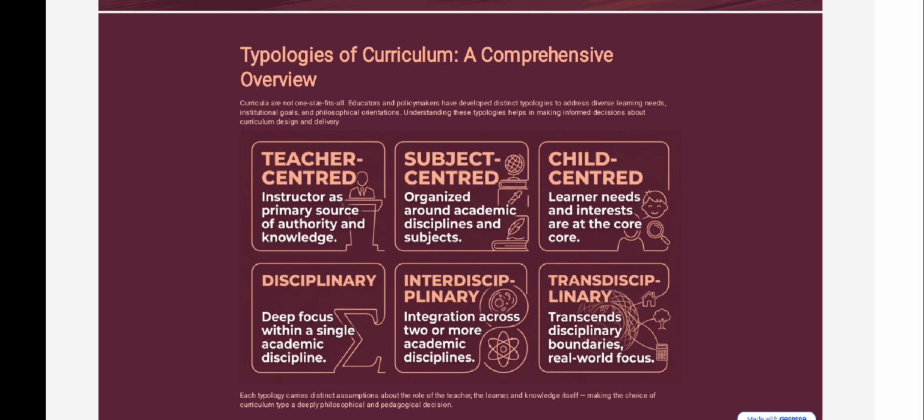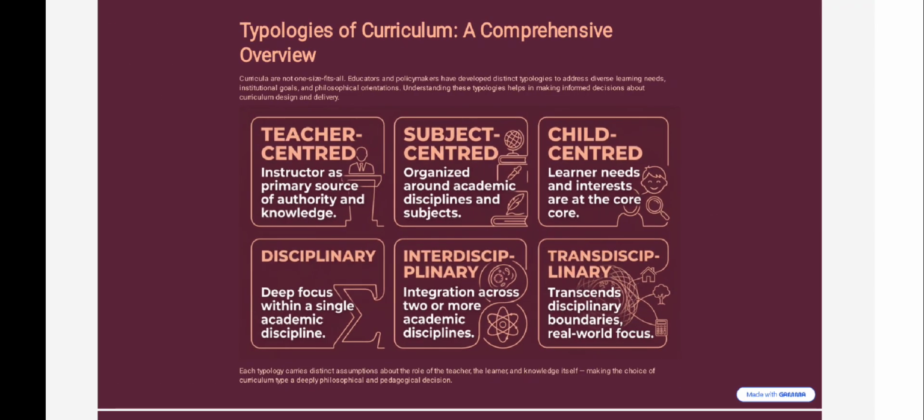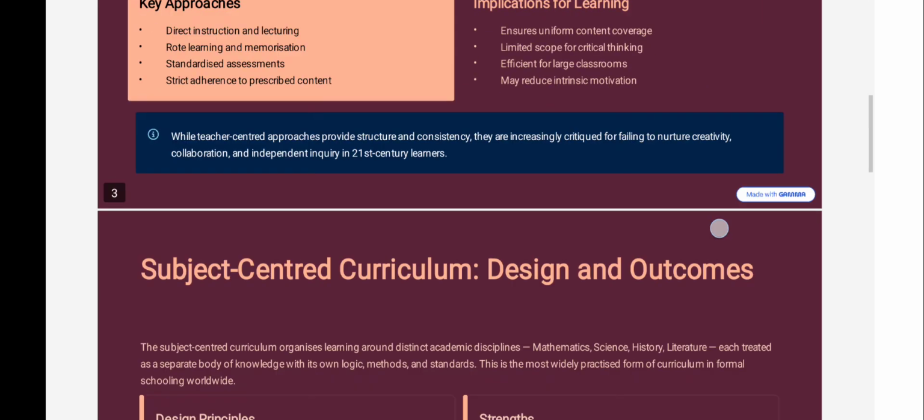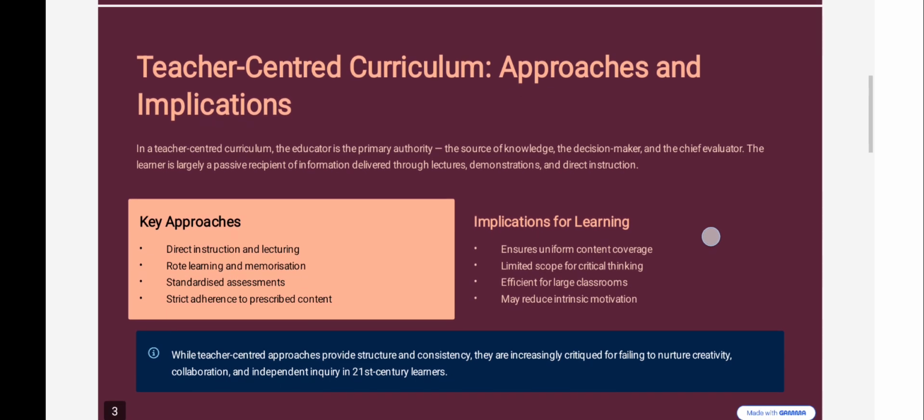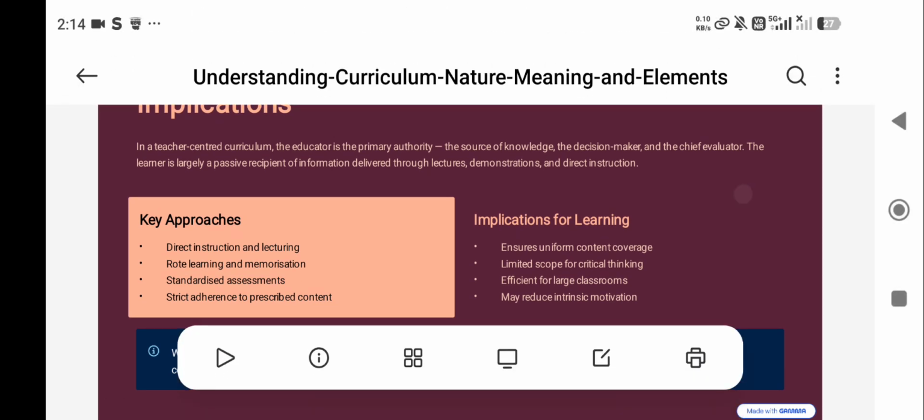Transdisciplinary: transcending boundaries, real world focus. Each typology carries distinct assumptions about the role of the teacher, the learner, and knowledge itself, making the choice of curriculum type a deeply philosophical and pedagogical decision.